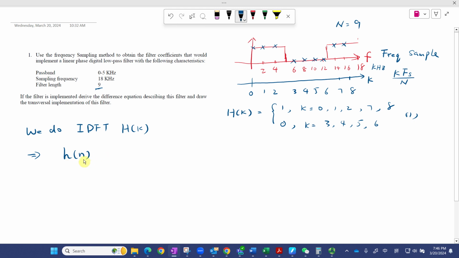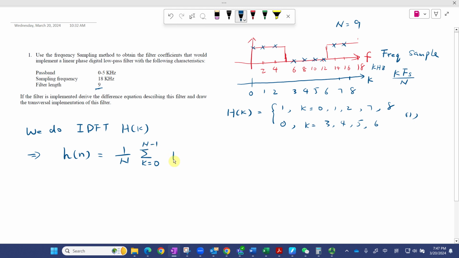Then we plug in n equal to 0, 1, 2, 3, so we can get all the coefficients. Okay, so that's the idea. So h[n] equals 1 over N, that's the definition for the inverse DFT. Okay, I will put it down here.